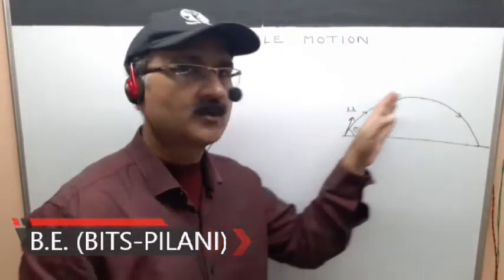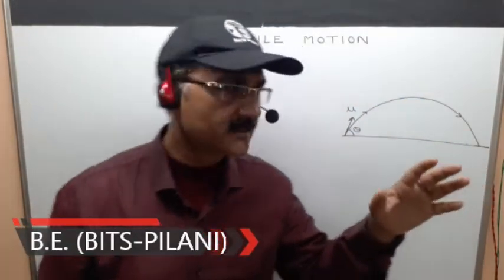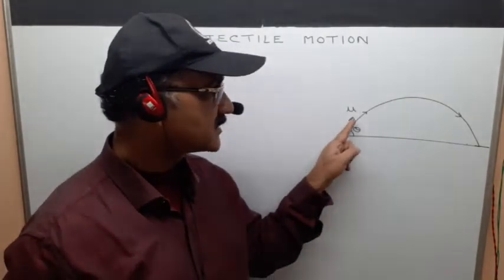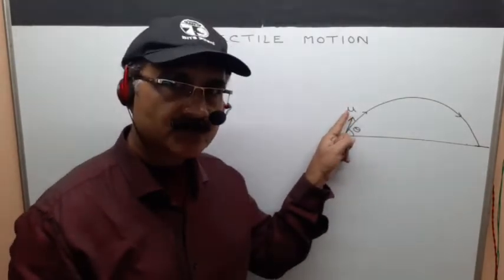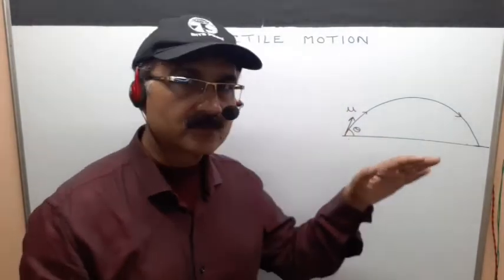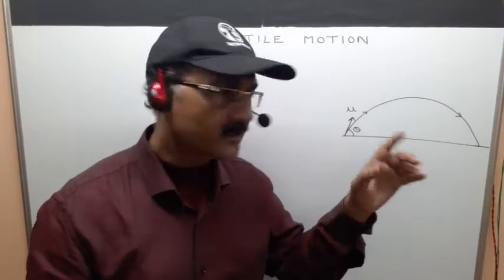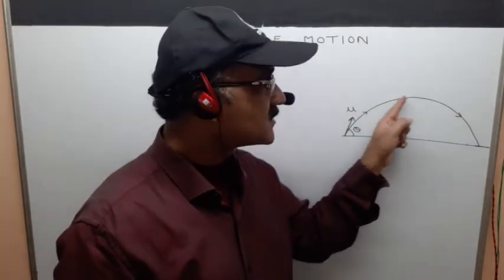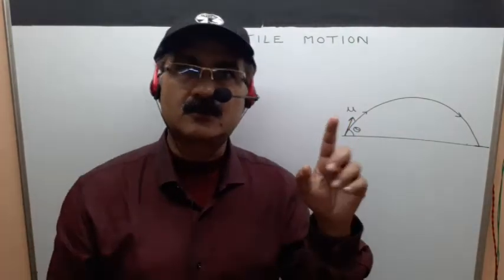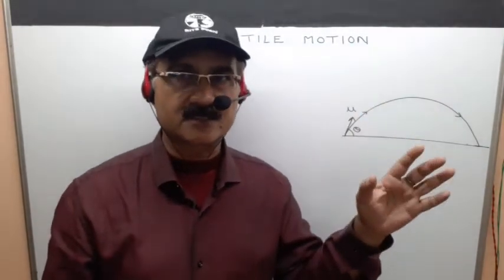What happens in a motion like this is that when we throw the ball, we give it an initial velocity, let's call it u. Say we are throwing it at an angle of theta with the ground. Then when it moves along this path, there is only one force acting on it, which is the force of gravity.